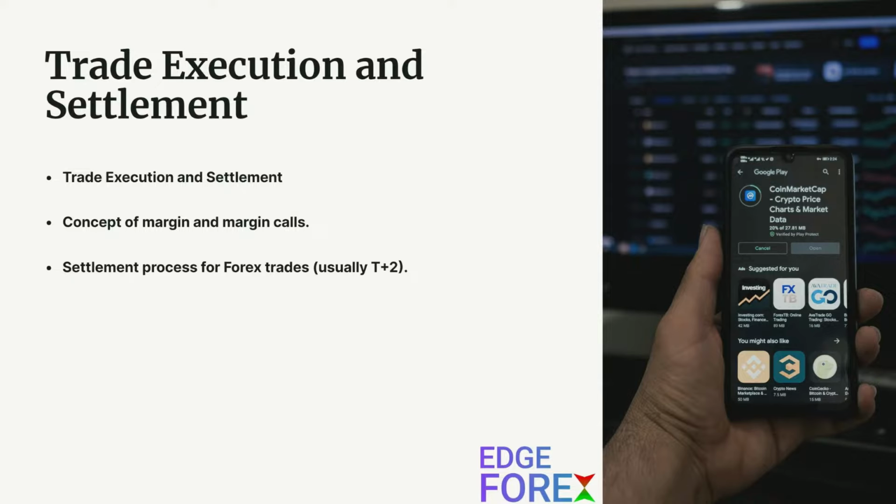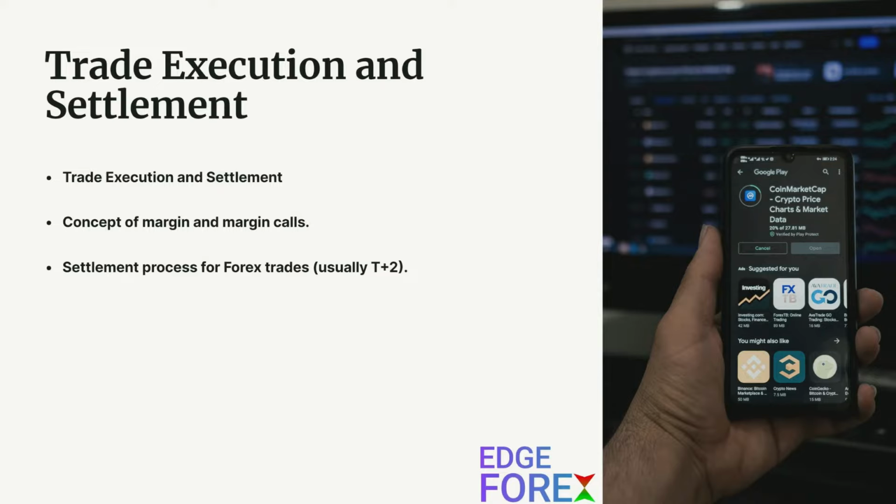Here is what happens next: electronic execution. When you click buy or sell on your order, it is transmitted electronically to the platform's matching engine. That engine instantly searches for a counterpart, a trader willing to take the opposite side of your trade. If a matching order is found, the trade is executed at the agreed upon price.